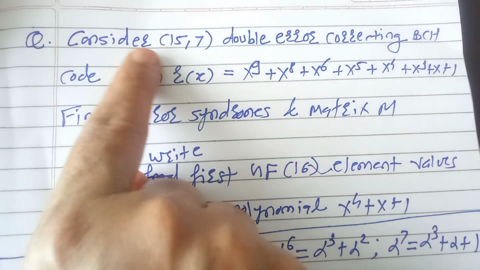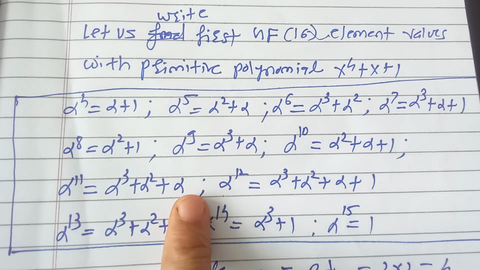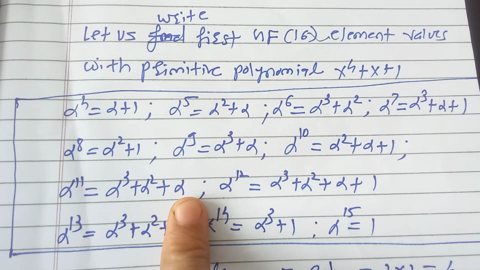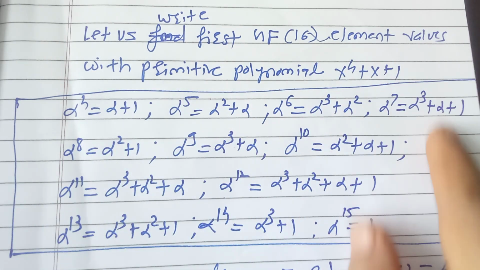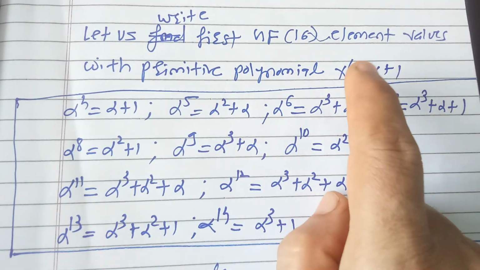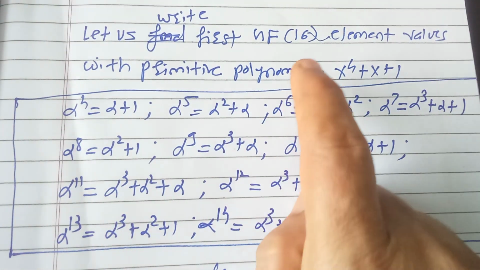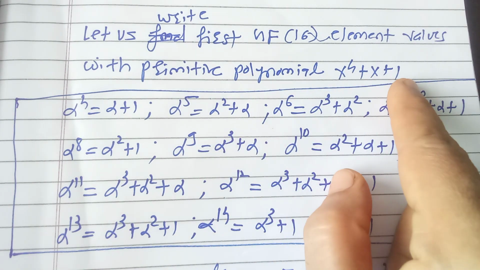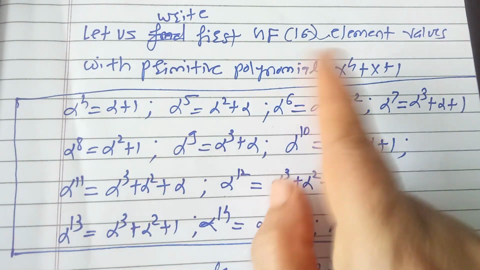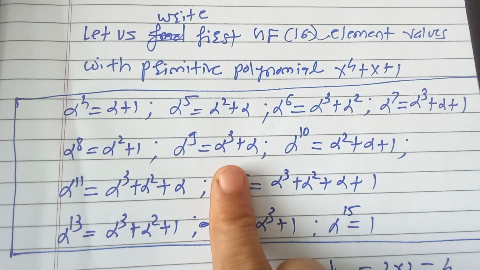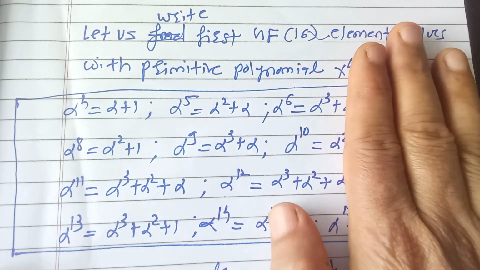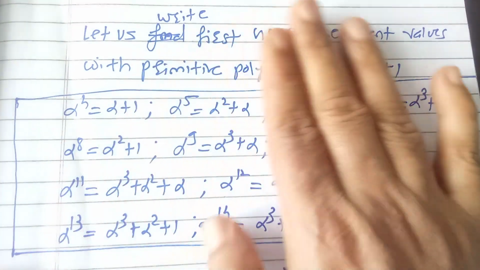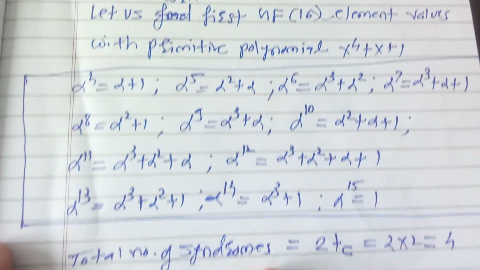Since n is 15, you have to use these values. In some of the problems, they will also give you these values. Otherwise, they will give you the primitive polynomial x^4 + x + 1. If they have not given it, then you have to assume this. This is the preliminary part you should know if they have not mentioned it.